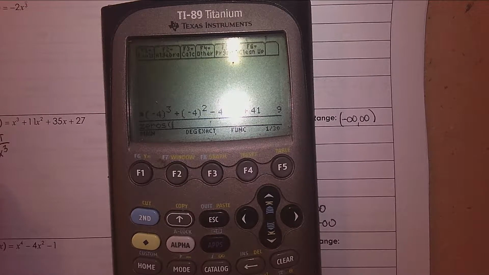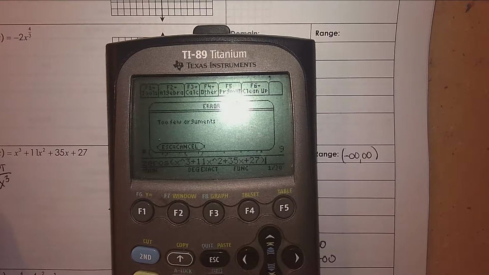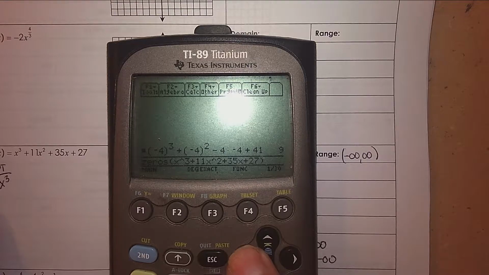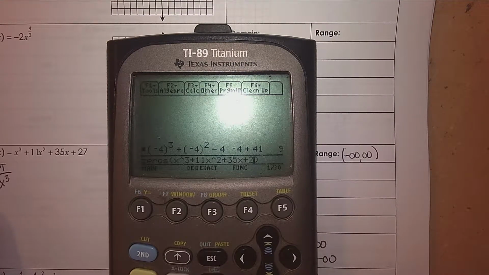And then I'm going to type in x cubed plus 11x squared plus 35x plus 27. Oh, you know what I'm missing? I need a comma and an x. 27, comma x. When you go comma x, you could have more than one variable here, and you're trying to find the zeros for x. If you had multiple variables, it would do it there.